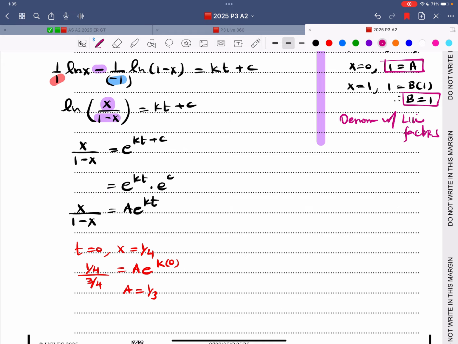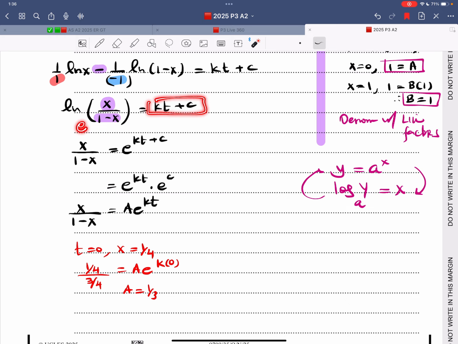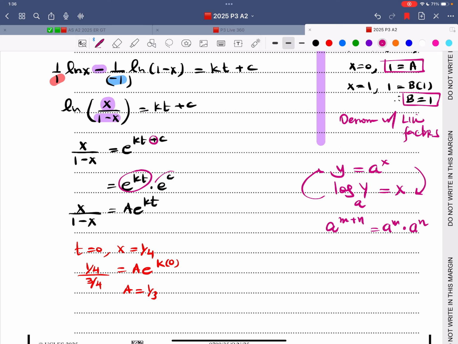So always remember, if y equals a power x, log y base a equals x, you can do the conversion this way. So over here, log to the base e is this much. So this whole thing is e raised to the power of kt plus c. Then we apply indices, a power m plus n is a power m into a power n. So this becomes e power kt, e power c.